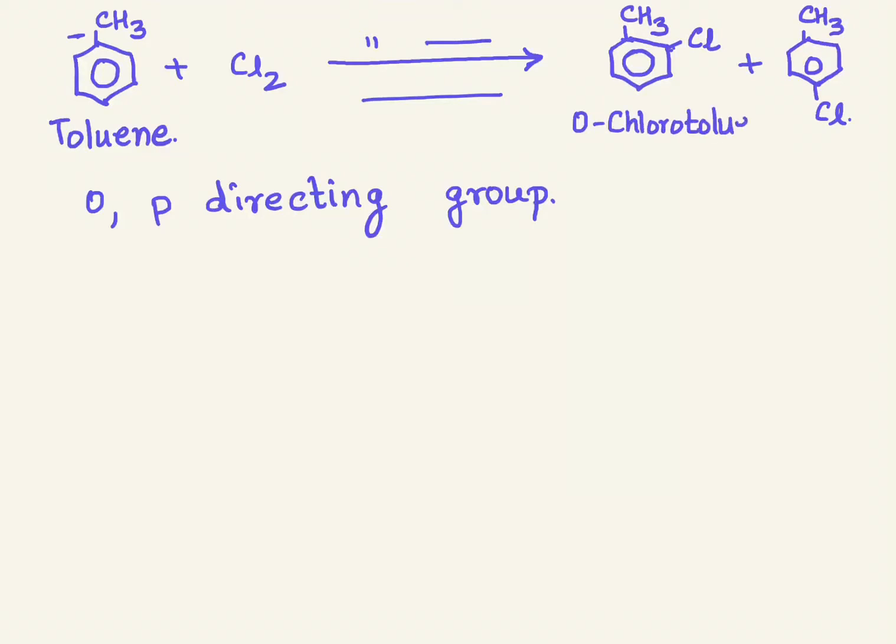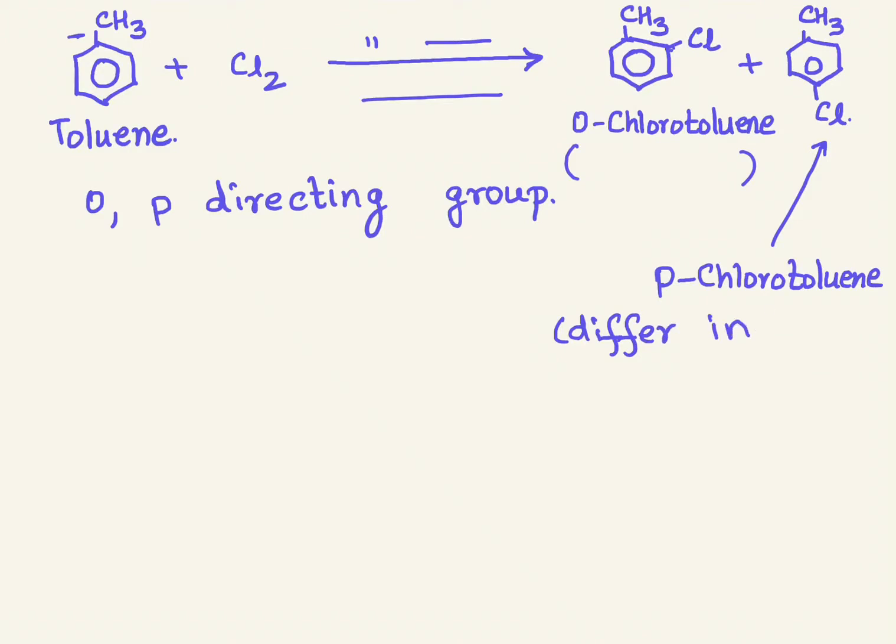Would you like to give its IUPAC name as well? Go ahead, give it a try. And the second product is known as para-chlorotoluene, and both of these products differ a lot in their boiling point. So we are able to separate them easily.